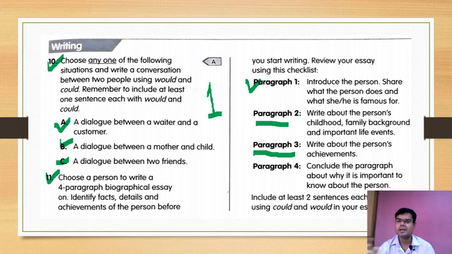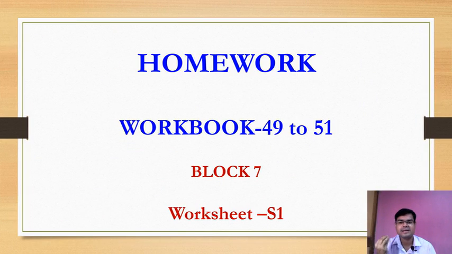Correct? And you have to include 2 sentences each of could and would in your essay. Understood? So you have to write one essay which will have how many? 4 paragraphs. Okay.